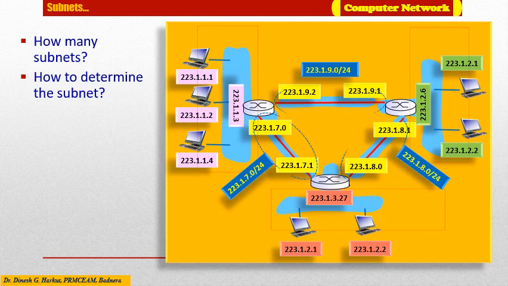Apart from the three subnets we have already discussed, here we have three more subnets. Specifically, this subnet connects routers R1 and R2, this another subnet connects R2 and R3, and this third connects R3 and R1.